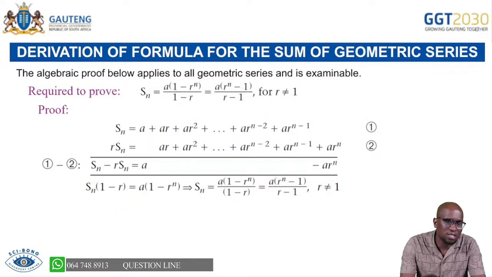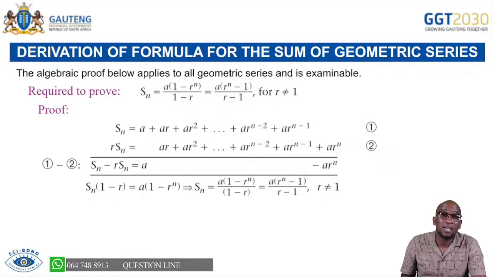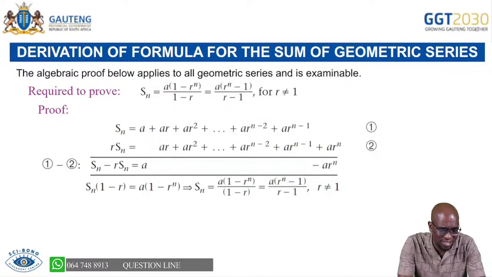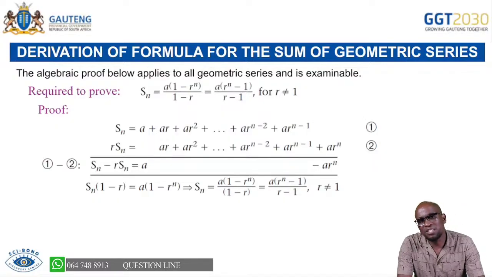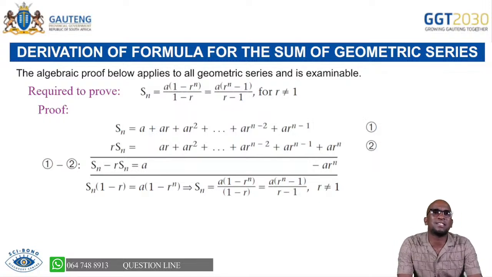Let us look at the derivation, slightly different from the derivation that we just went through for an arithmetic series. Now with a geometric series, we are going to do things just a bit differently. Now let us check how to formulate the first equation here.